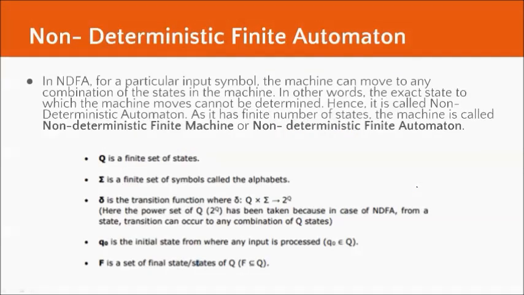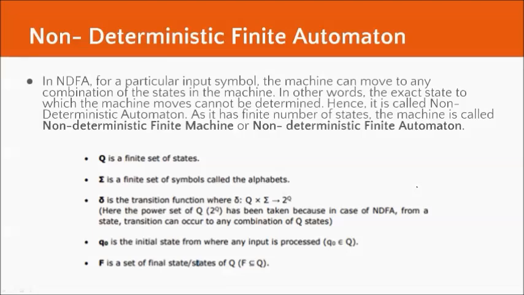So next is the non-deterministic finite automaton. So what's the difference between the deterministic finite automaton versus the non-deterministic finite automaton? Okay? So when you say NDFA, for a particular input symbol, the machine can move to any combination of the states in the machine. So in other words, the exact state to which the machine moves cannot be determined. That's why it is called non-deterministic.